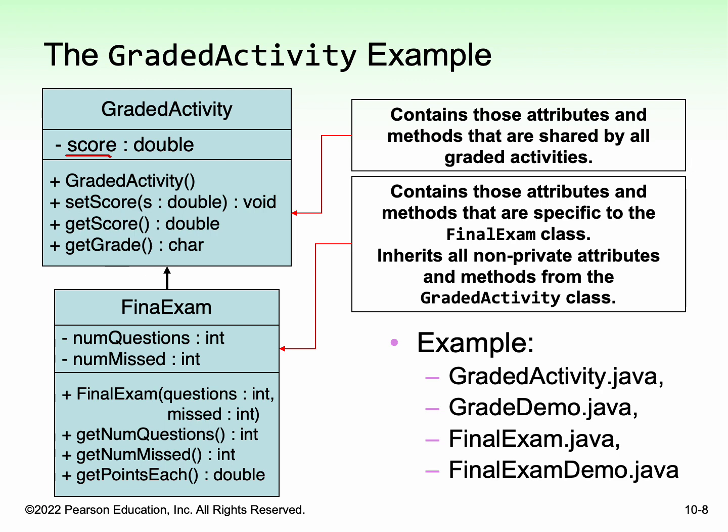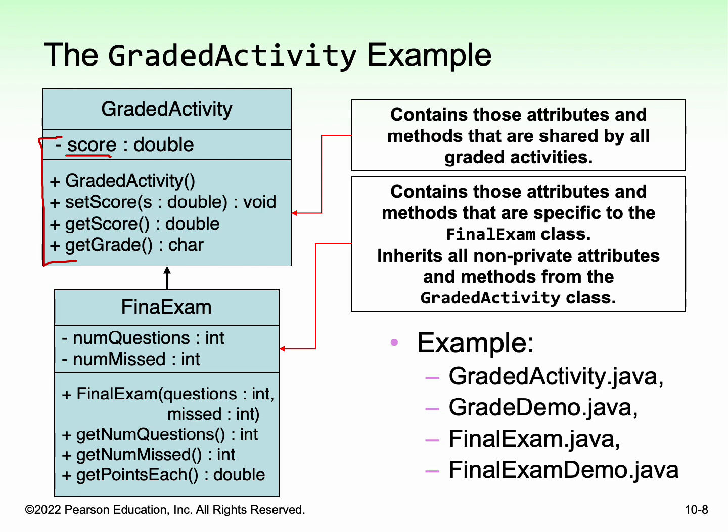Now our FinalExam class will contain all of these already, and we do not have to rewrite them. We just have to show with an arrow that our FinalExam inherits the GradedActivity class. So all of these methods and variables that GradedActivity has, our class FinalExam automatically has already.